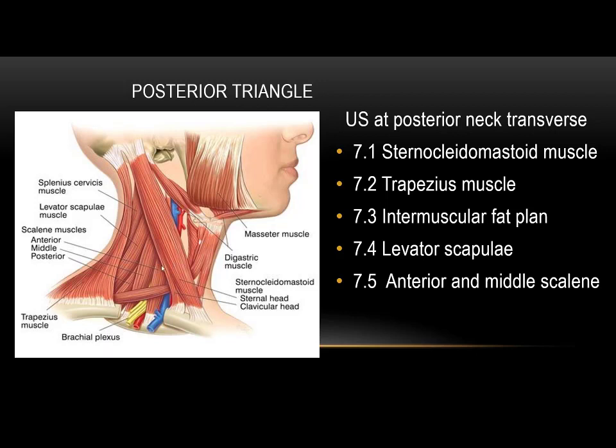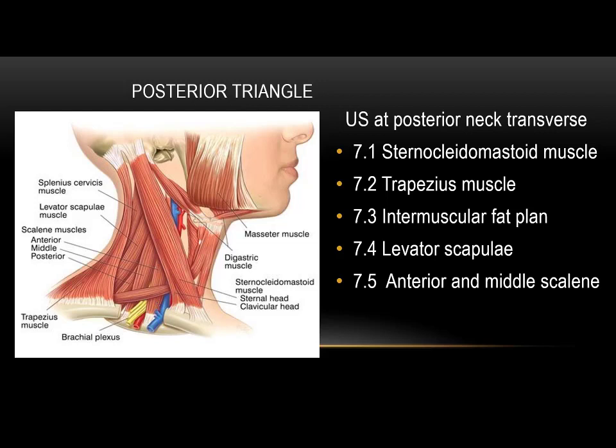The posterior edge of the sternocleidomastoid is the anterior boundary of this triangle, and the anterior edge of the trapezius muscle is the posterior boundary. This space is a shallow fossa like this, and the floor beneath this space is a few muscles that we need to know.